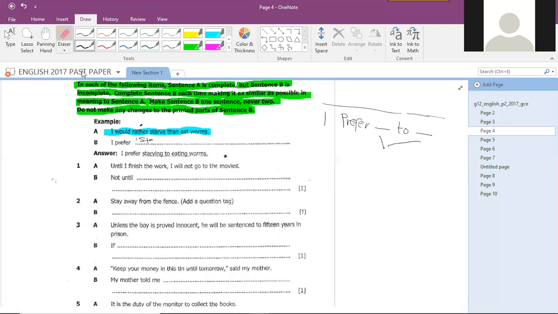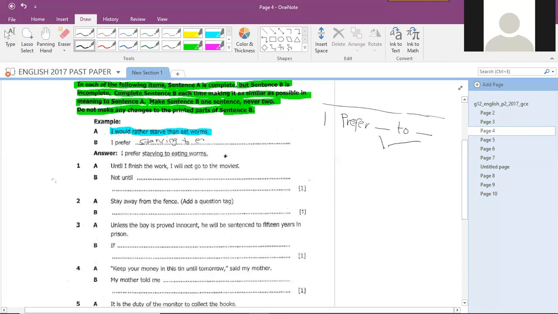You can say I prefer to starve because we don't want to add the ing to that sentence. So I prefer to starve to eating. I prefer starving to eating worms. Yeah, this makes much more sense. I prefer starving. We have to add the ing.